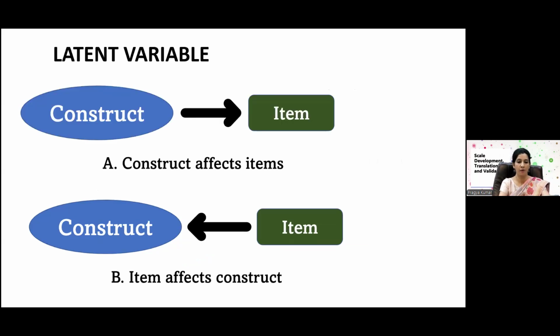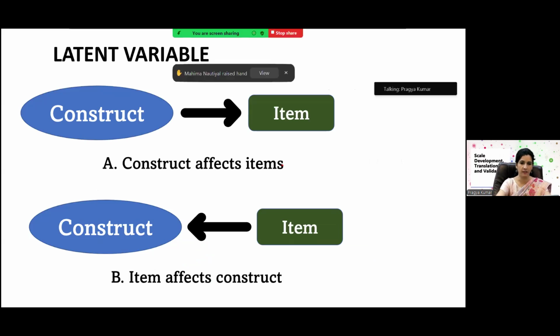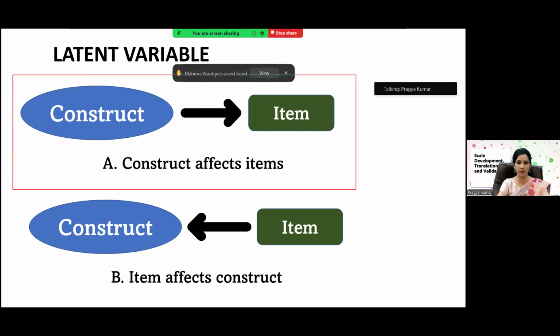Now, first focus on the first thing. You can see there are two diagrams here. The first one. So we are learning the measurement. There are two types of measurement model. So in the first measurement model, there is a construct which is there in our psychological domain, and we have devised item to measure that construct.